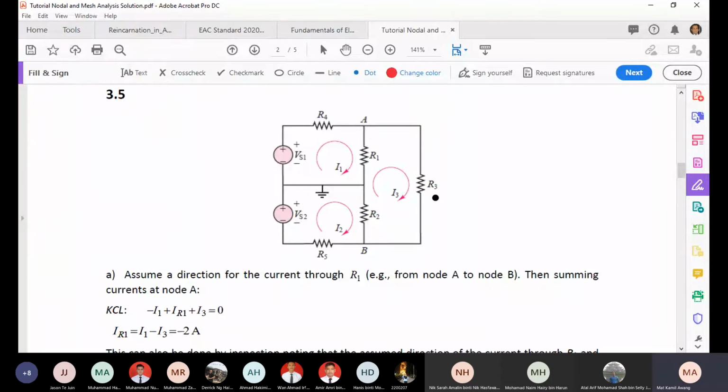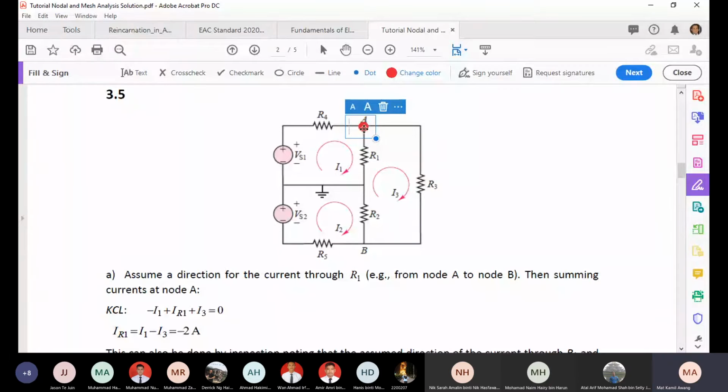We can find the current by applying KCL at node A here.